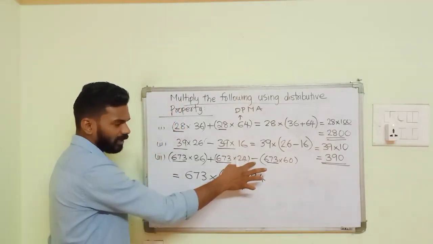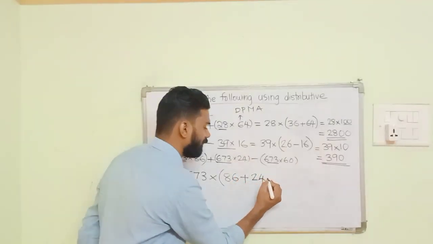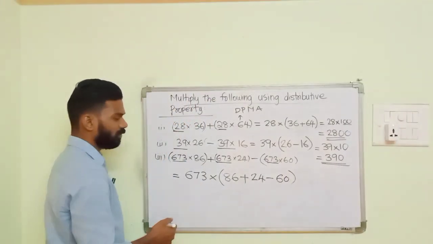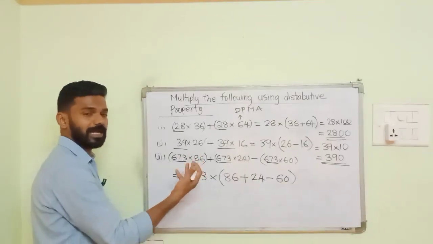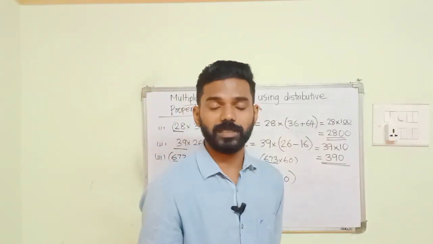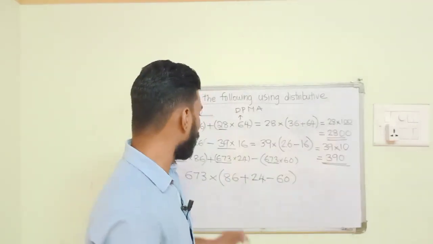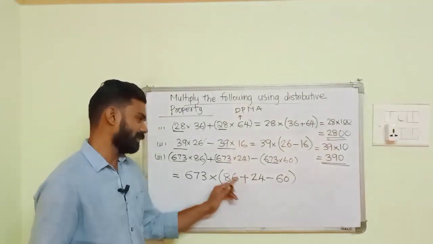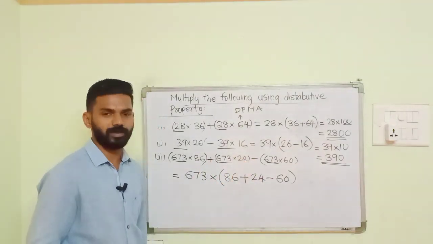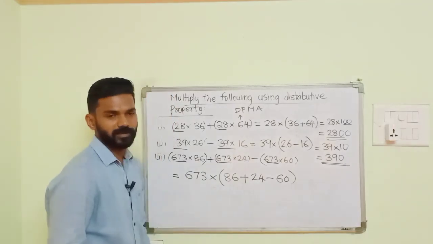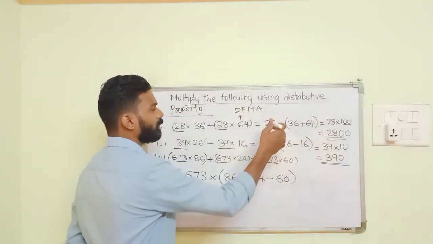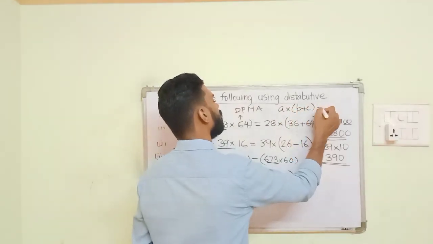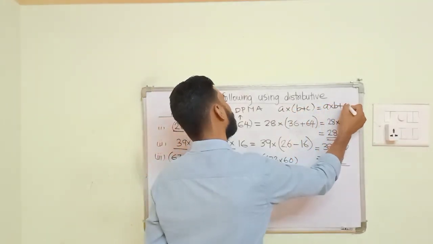Now the sign is going to be negative, after which you can put this 60. So what we have done is we applied the distributive property of multiplication over addition and subtraction. We applied both here, because in the first case it was addition and in the second case it was subtraction. We applied it together. So according to our property it was like this: a into (b plus c), or (b minus c), will be equal to a into b plus a into c.